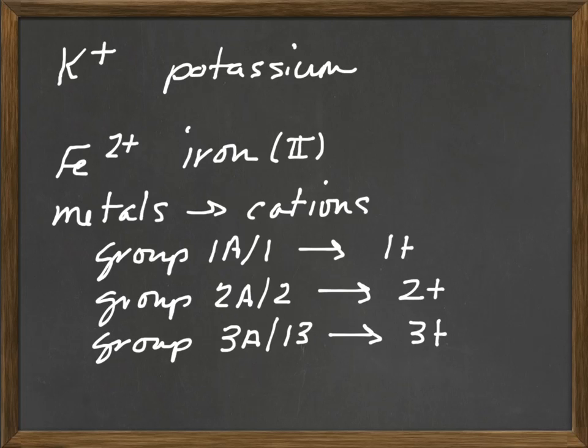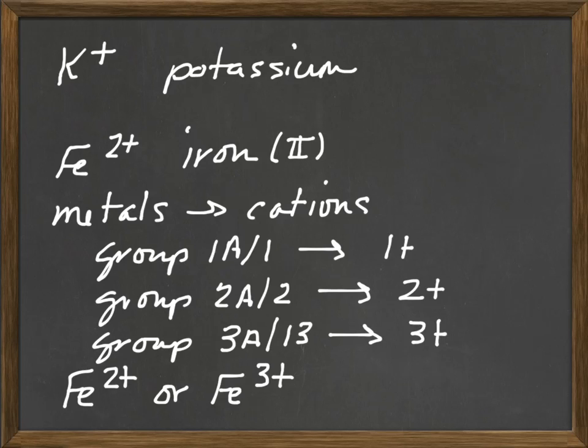The reason we need a Roman numeral for these guys is they can form more than one kind of ion. Iron can form a +2 ion, and it can also form a +3 ion. And there's no way to tell from the periodic table which of those two ions it's going to be. So they're kind of squirrely and unpredictable.